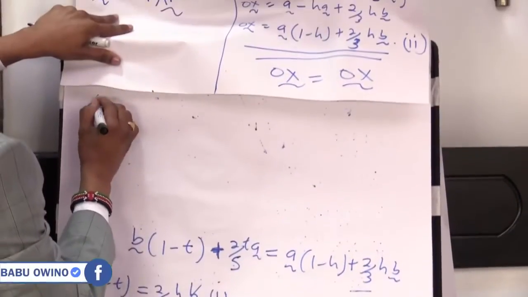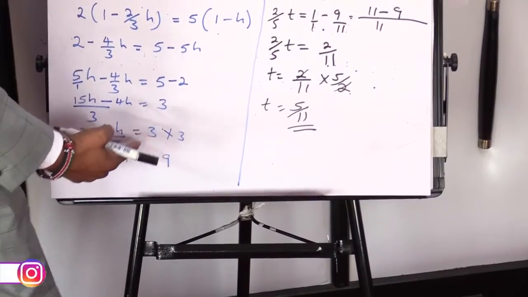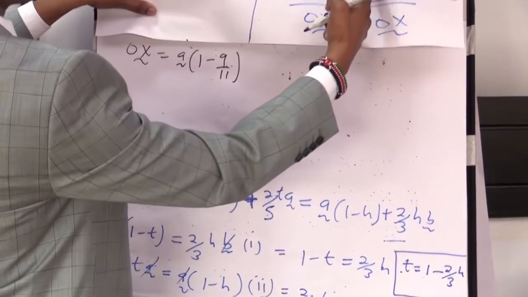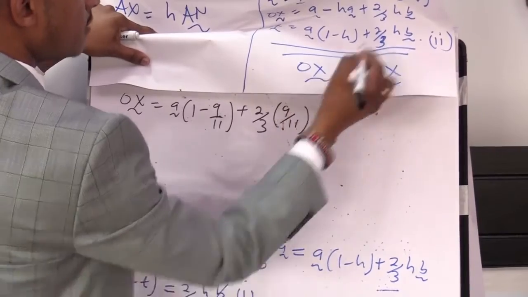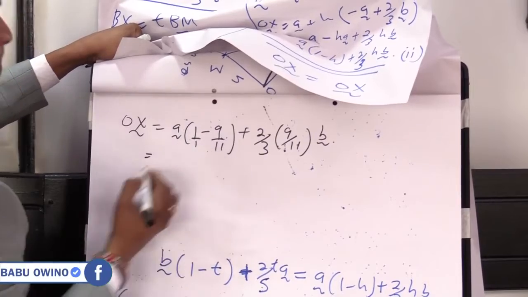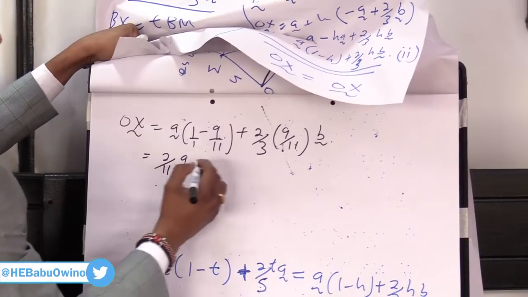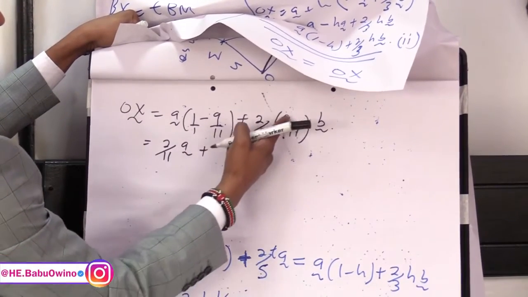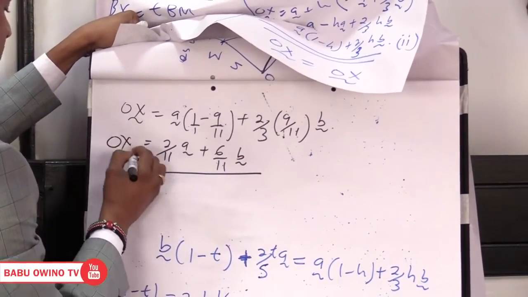So our first value of OX equals to A into 1 minus H. Our H value is 9 over 11, plus 2 over 3 of H is 9 over 11 of B. So when you simplify this, that is 11 minus 9 is 2 over 11 of A plus 3 times 2 is 6 over 11 of B. So this is our first value of OX.